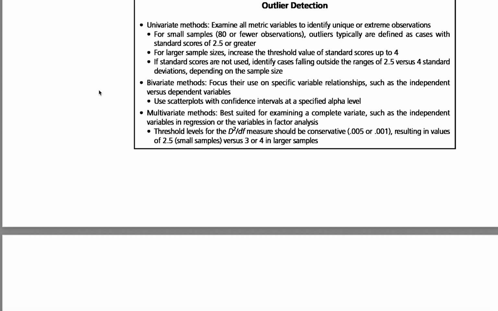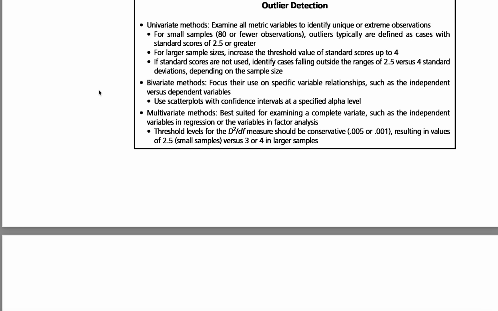Bivariate methods focus on your use of specified variable relationships, such as the independent versus dependent variables. Use scatter plots with a confidence interval at a specified alpha level. Multivariate methods are best suited for examination of a complete variate, such as the independent variables in regression or the variables in factor analysis.